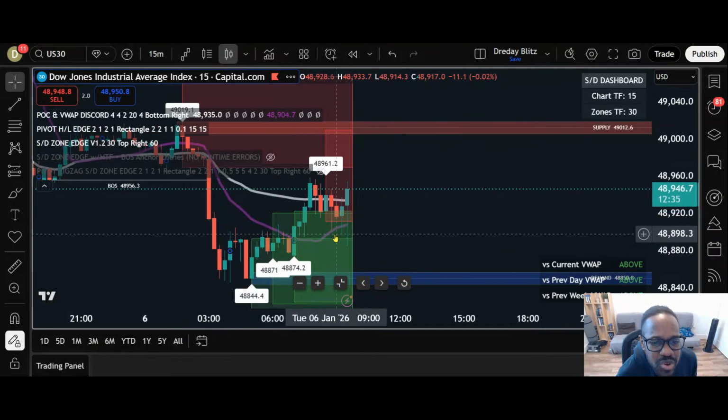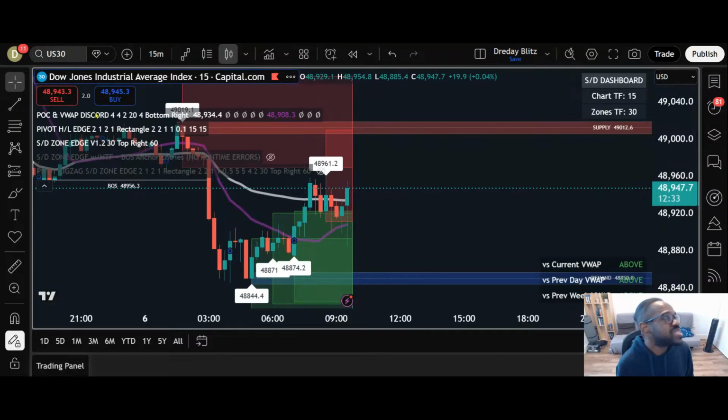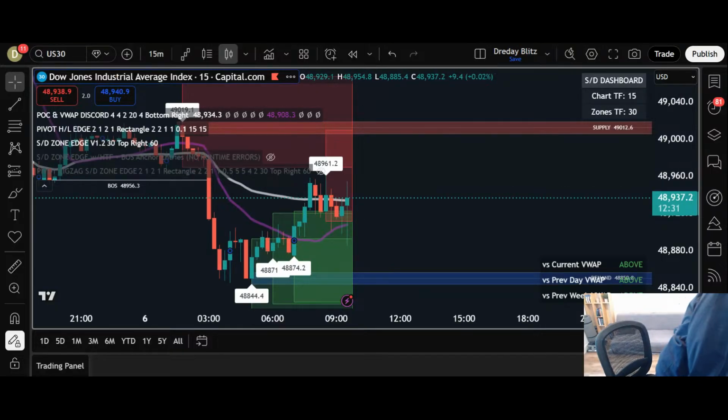So we have a pivot point right here, if it's breaking to the upside. All right, so we're in profit right now.